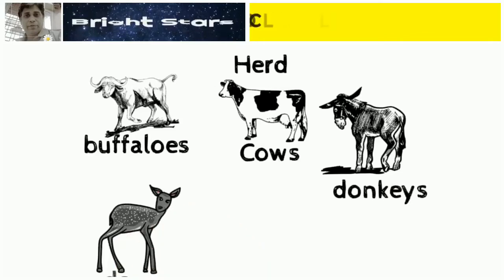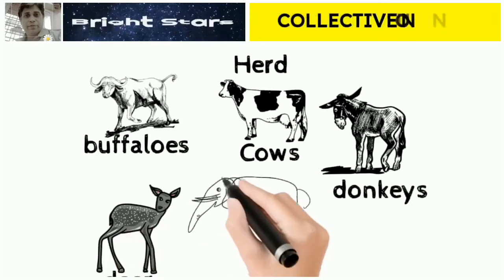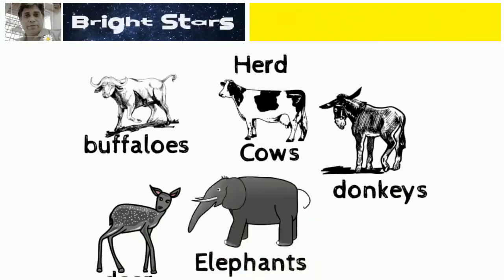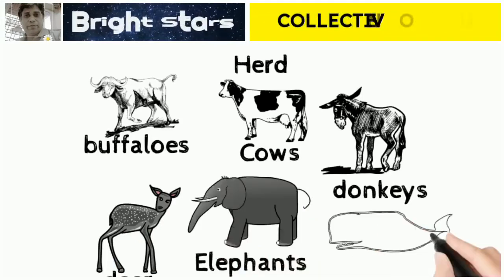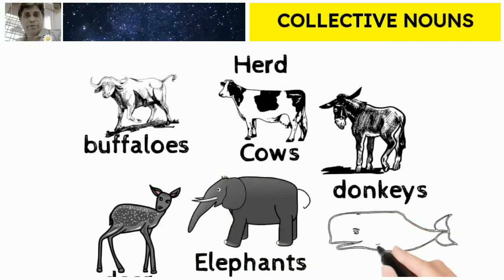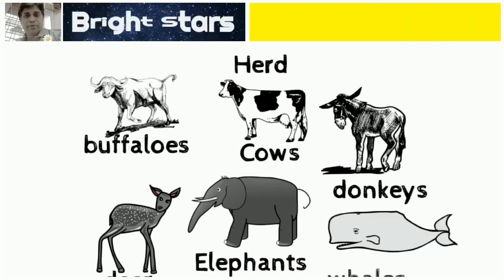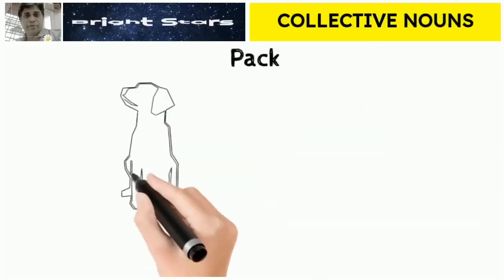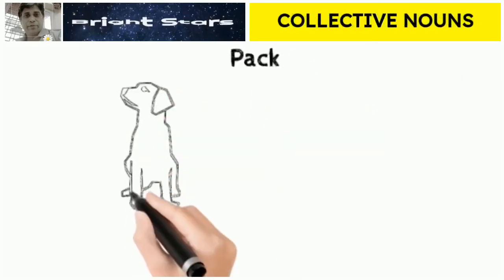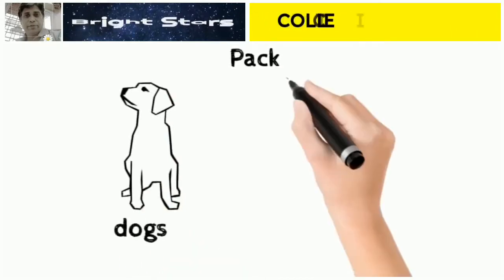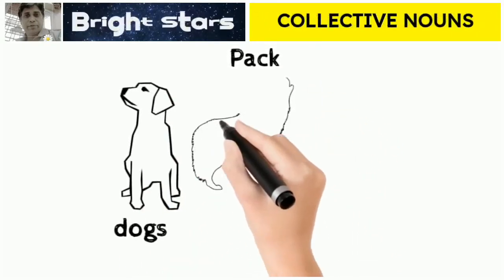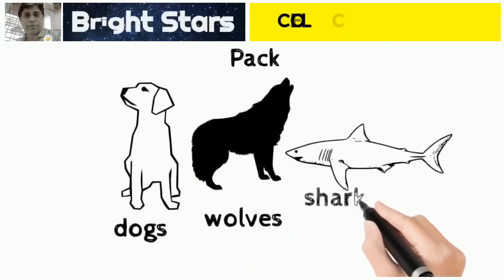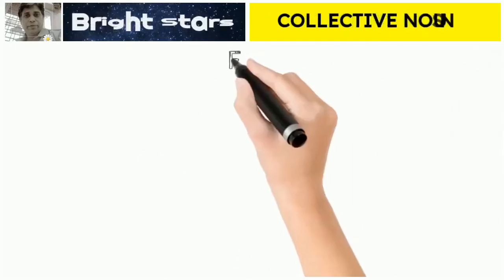The same way, a herd of deer, a herd of elephants, and a herd of whales also we can use. Next one, pack. This word is applicable to different animals. A pack of dogs, a pack of wolves, a pack of sharks.